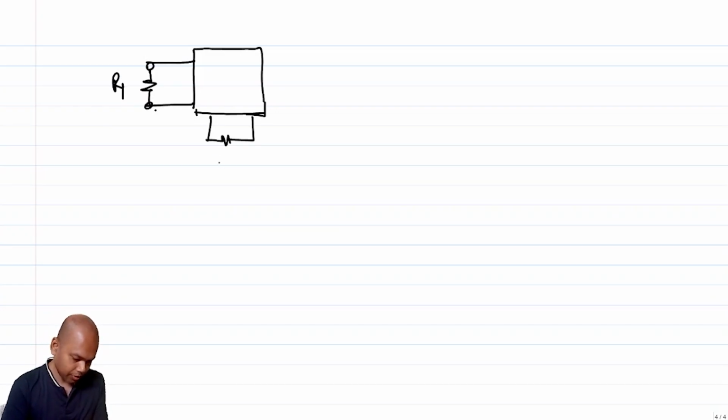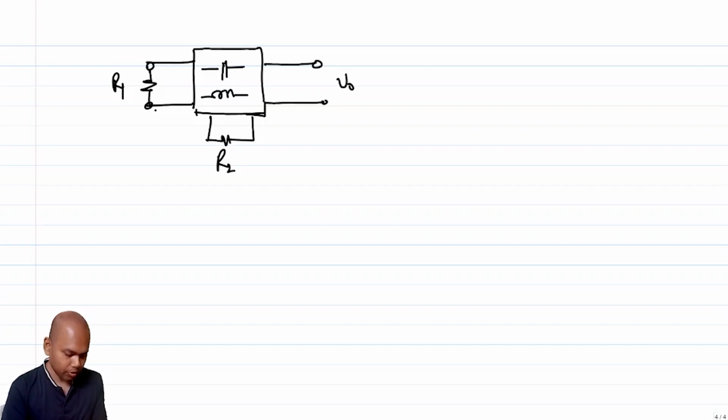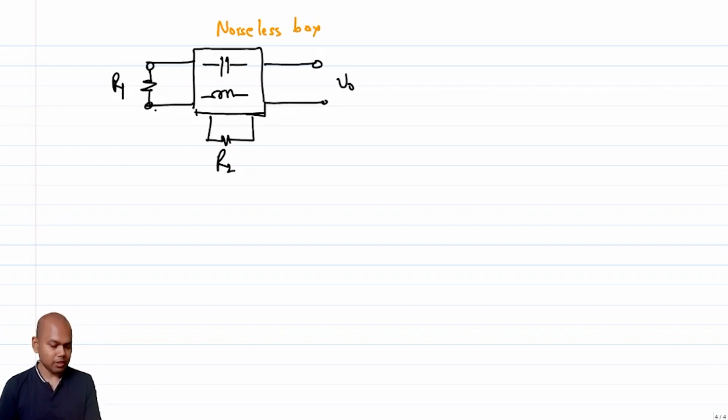I call these R1 and R2, and you are probably taking the output from another port. Inside this box you have all noiseless elements, that is only L's and C's, no resistors inside. So inside this box is the noiseless box, and you have noisy resistances at the ports.